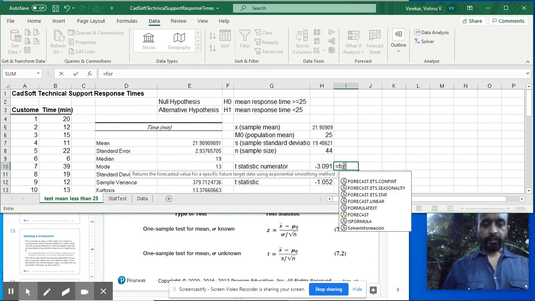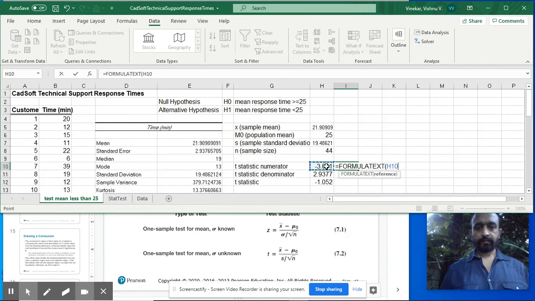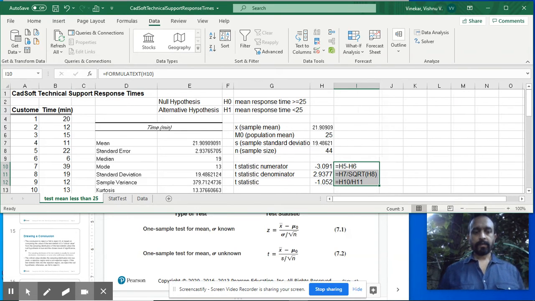Let me give you the formula text. So you can pause here and check if you need the formulae.